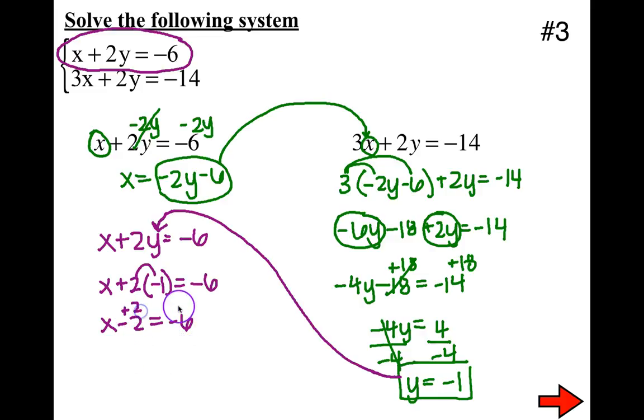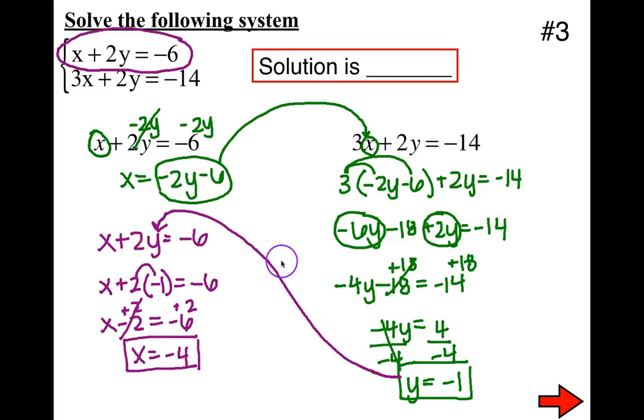I'm going to add 2 to both sides, which leaves me with x equals negative 4. Now that I have both values, I can go ahead and write my solution. I'm going to say the solution is x goes first, which is negative 4, y goes second, which is negative 1. But again, we're not done.